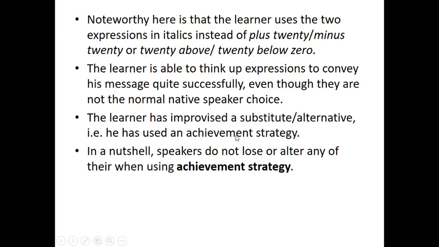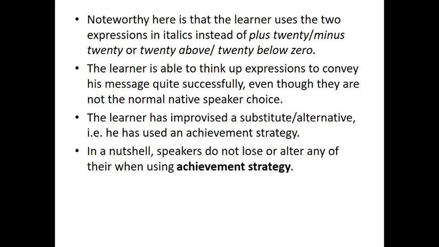So that is the achievement strategy. He achieved communication using substitutes and alternative language. Speakers do not lose or alter any of their message when using achievement strategy. Whatever they want to say, they won't lose because they use the achievement strategy. So they substitute or use alternative methods to say the same thing.